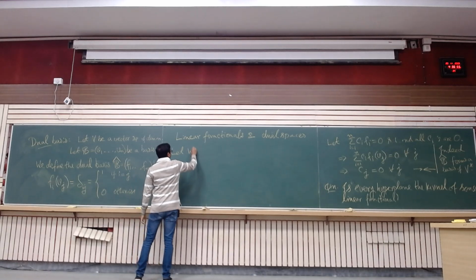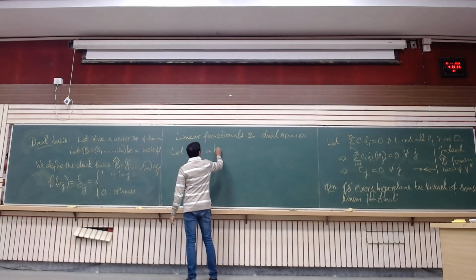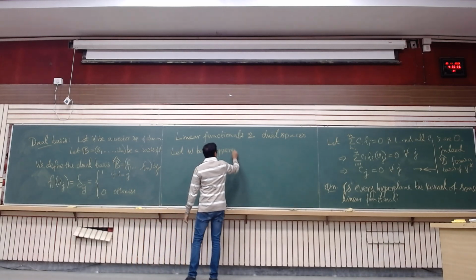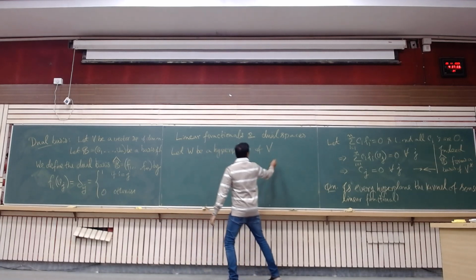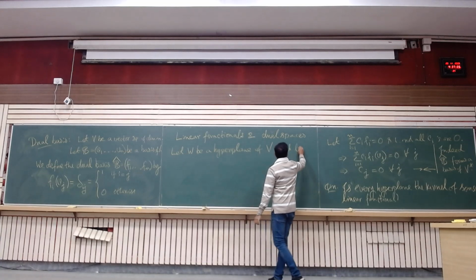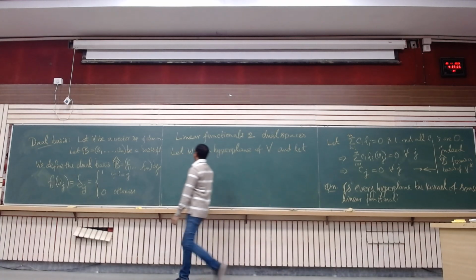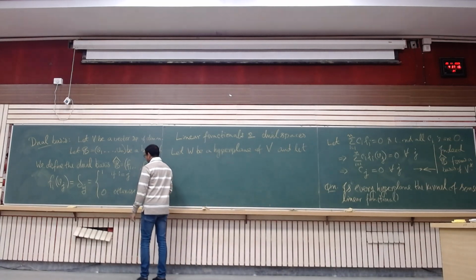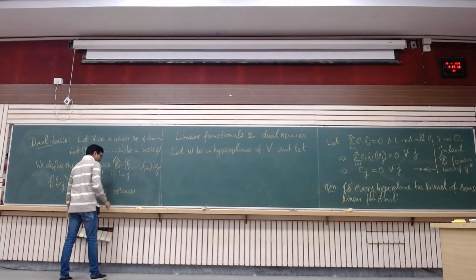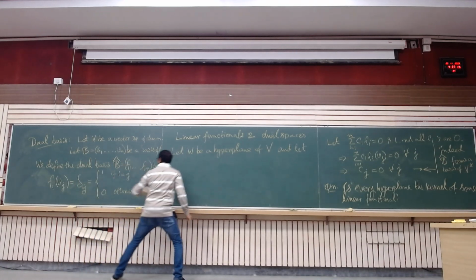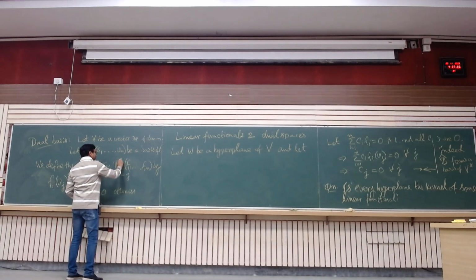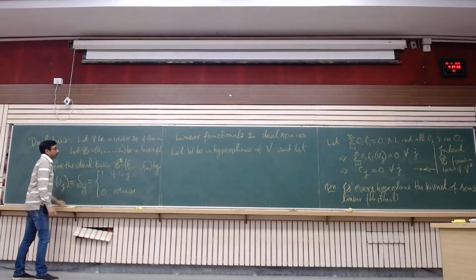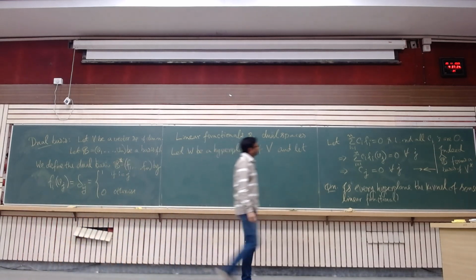Let W be a hyperplane of V, and let, by the way, we do not denote the dual basis with a hat. Excuse me. We denote this basis also by a star because it's a dual of the basis B. So B dual.